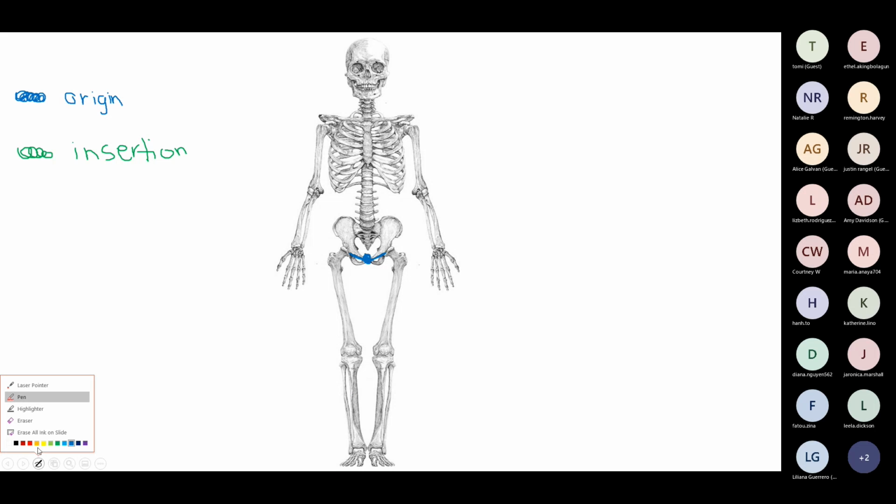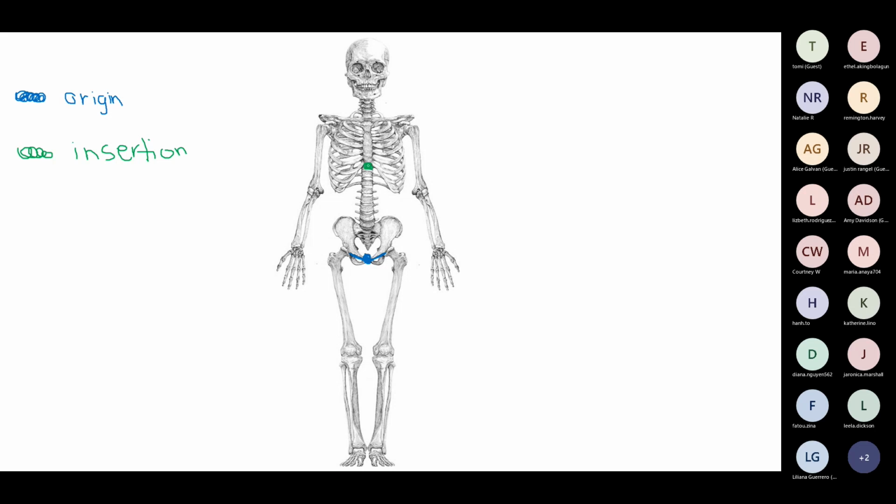So I'm going to switch colors here. The insertion of the rectus abdominis: one of them is the xiphoid process of the sternum. That's this little end part right here. Also, the costal cartilages of ribs 5 through 7.